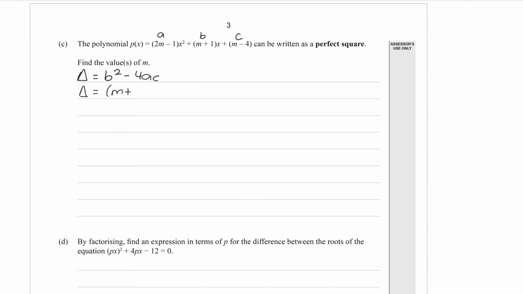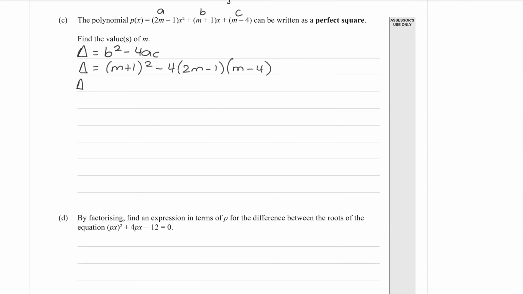I've got m plus 1 squared minus 4 times 2m minus 1 multiplied by m minus 4. If I simplify this, I've got m squared plus 2m plus 1 minus 4 bracket 2m squared minus m minus 8m plus 4.